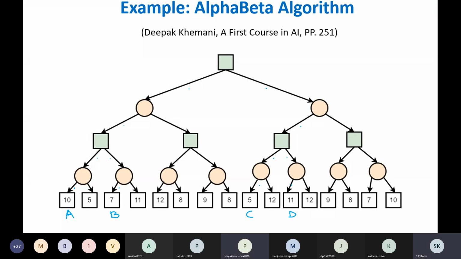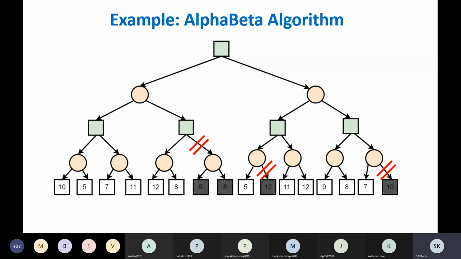Yes, sir. Now for the same game tree, if you would have applied the alpha beta cutoff algorithm, that would have resulted in 2 alpha cutoffs and 1 beta cutoff. These are 2 alpha cutoffs and 1 beta cutoff. So that would have saved exploration of this part of the game tree.